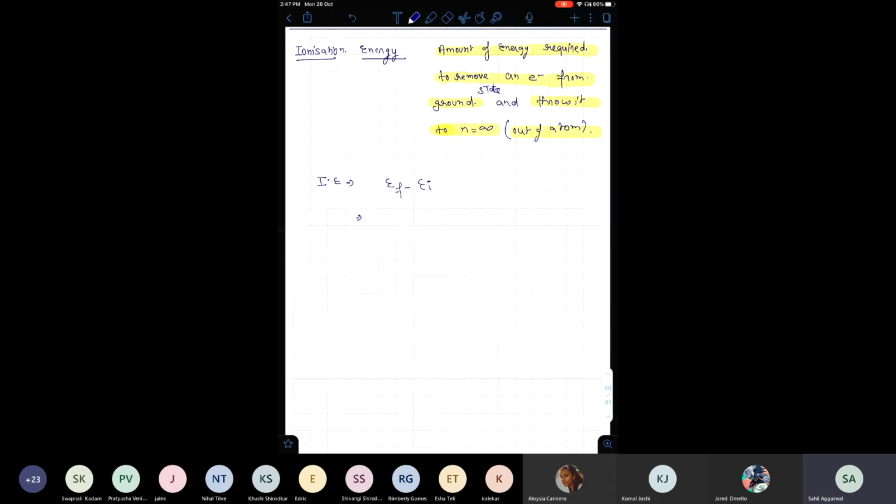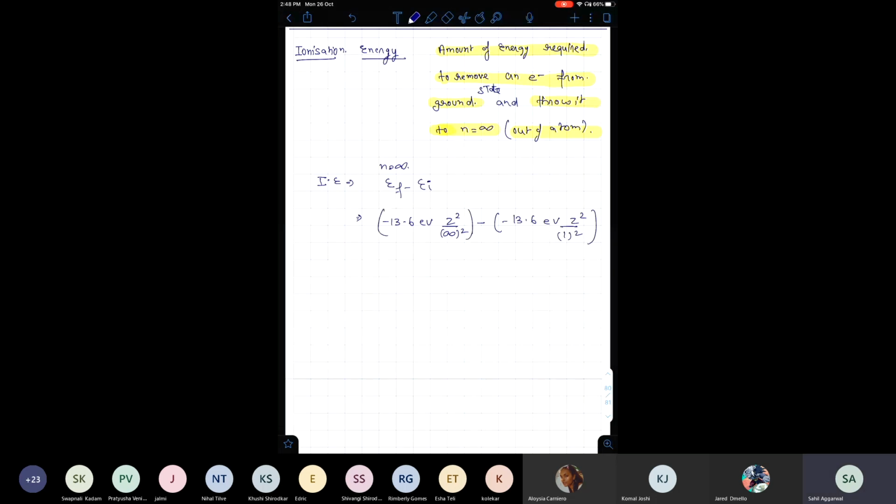Minus 13.6 electron volt into Z square by infinity square, minus minus 13.6 electron volt into Z square by ground state.